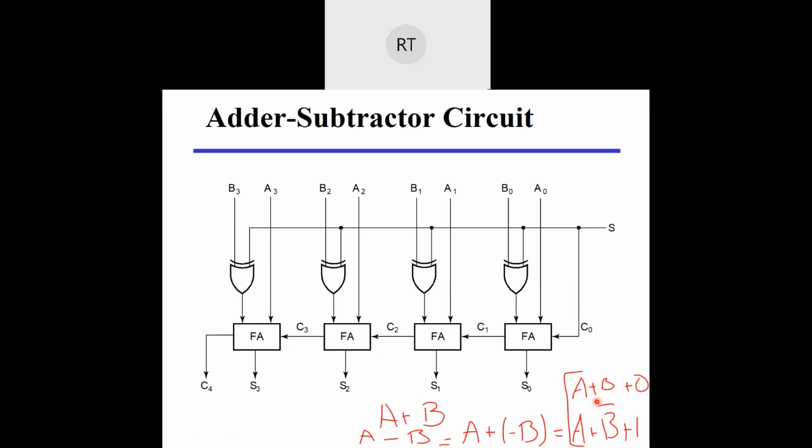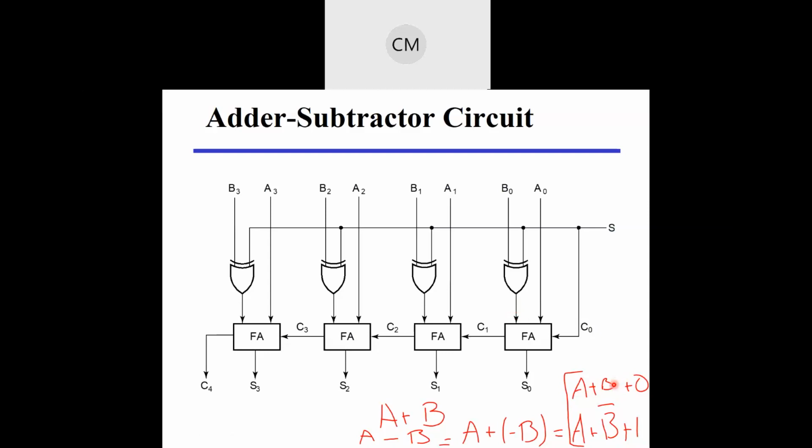Okay? So when I am adding the carry in, which is here, let me show you. This is the carry in. It's going to be 0 when I am adding. A will remain A. How about here? What do we have here on this line in the case of addition? Minus B plus 1. No, in the case of addition, I am adding this. What do I have here? B zero.